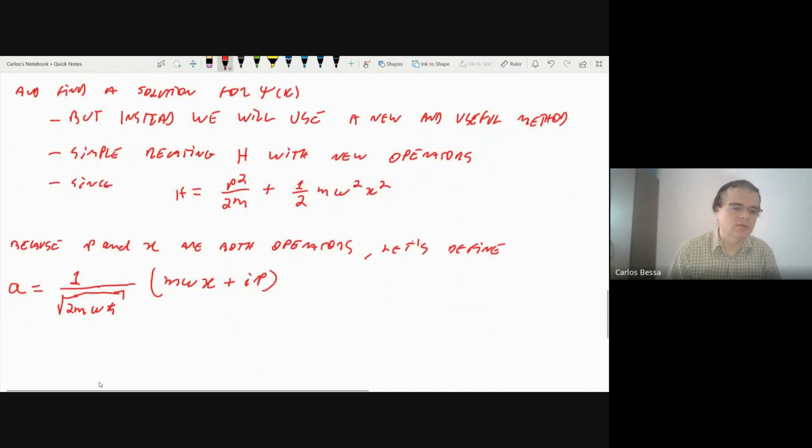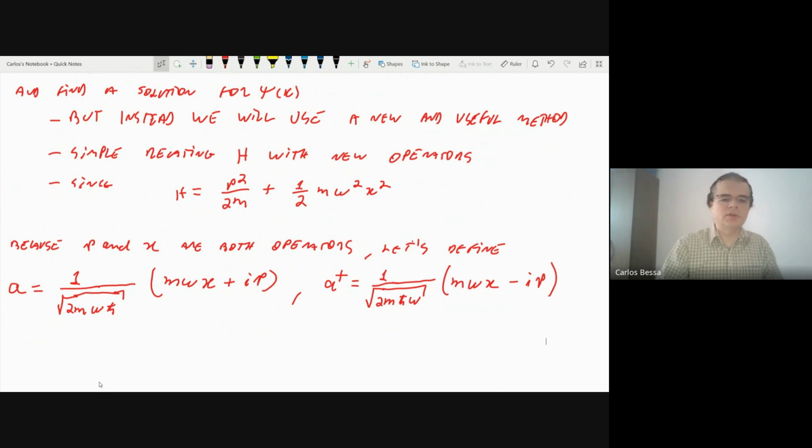And the other, right here, a dagger, which is 1 over the square root of 2m h bar omega, multiplied by m omega x minus i p. Okay?